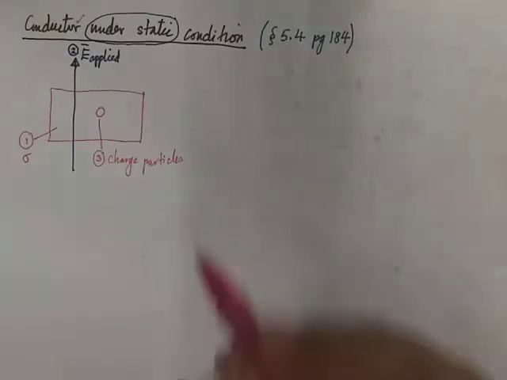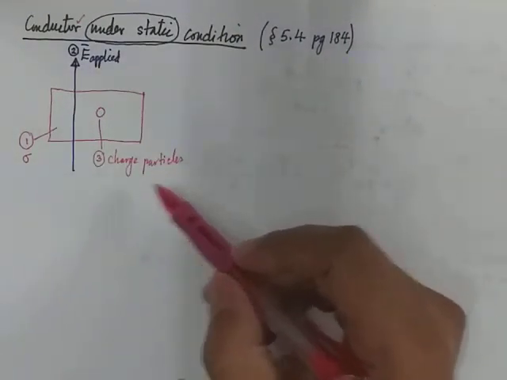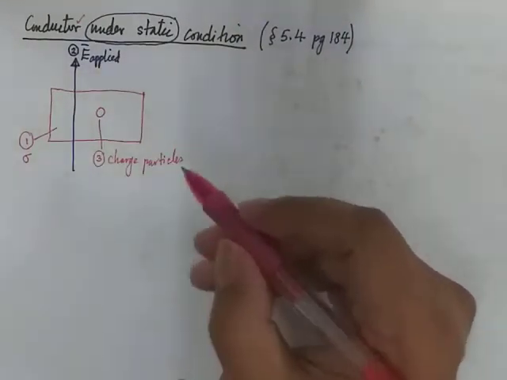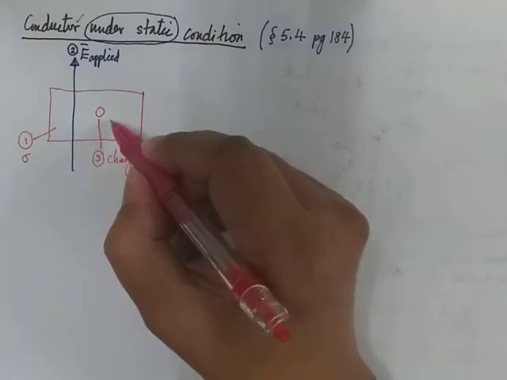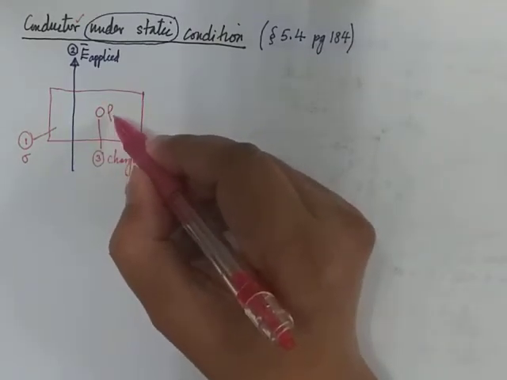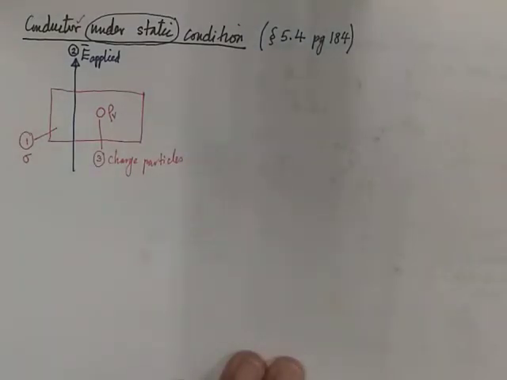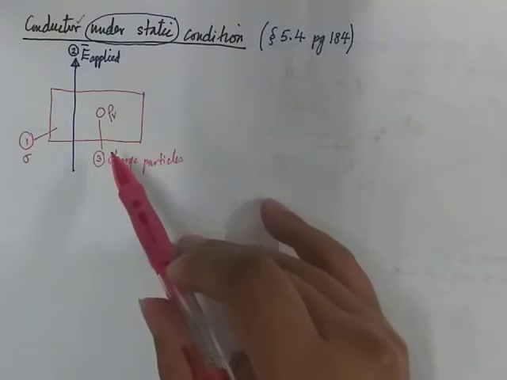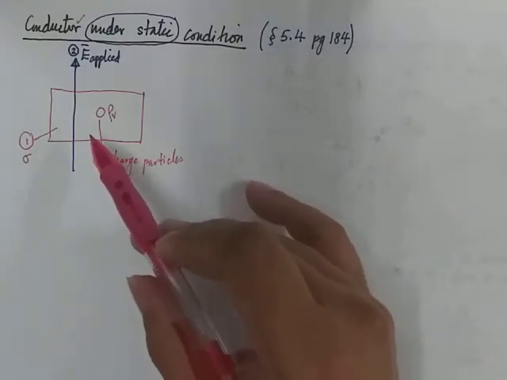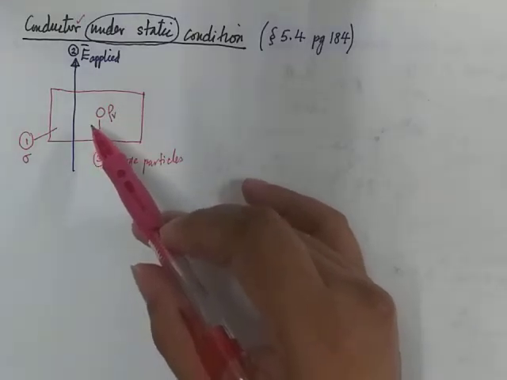We know charge here can be represented with a general representation, which is volume charge density. So we want to know what happens to this volume charge that exists in the conductor.